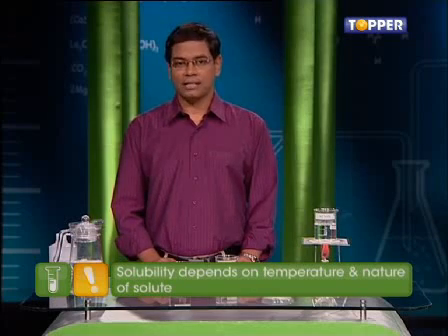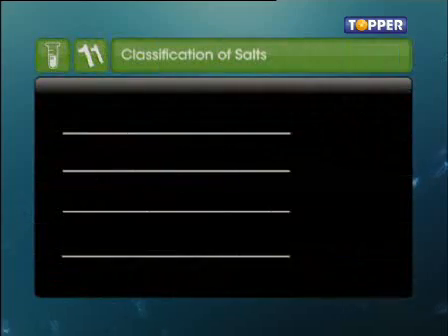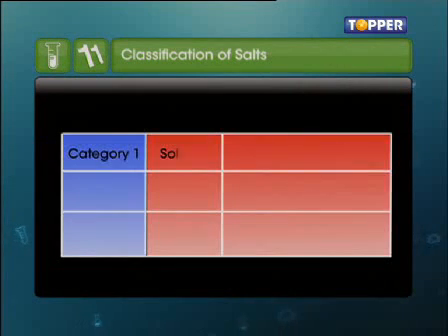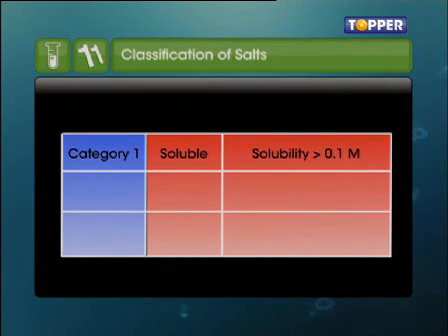It is obvious that the nature of a solute affects its solubility in water. Water, being a polar solvent, dissolves polar substances. On the basis of their solubility, we classify salts as soluble, slightly soluble, and sparingly soluble. Solutes are considered to be soluble if their solubility is greater than 0.1 molar.